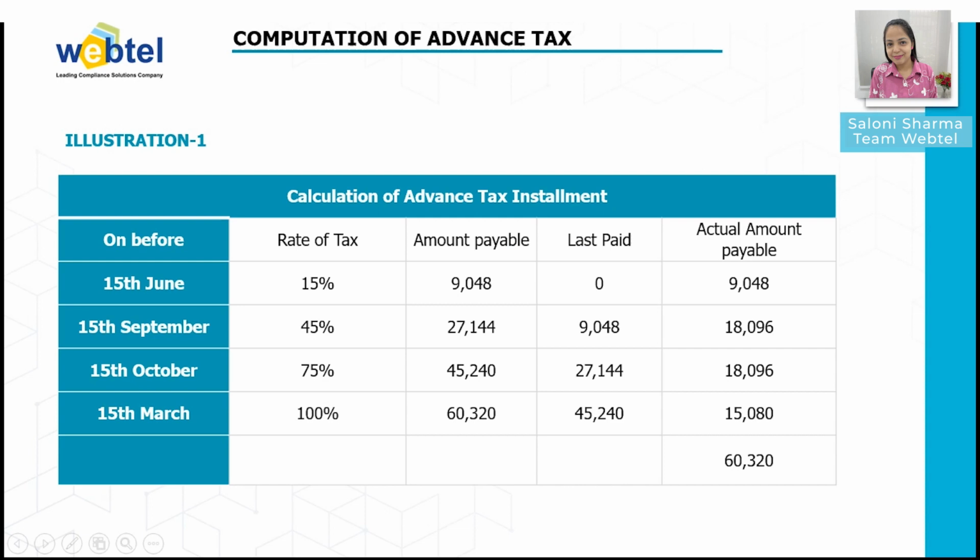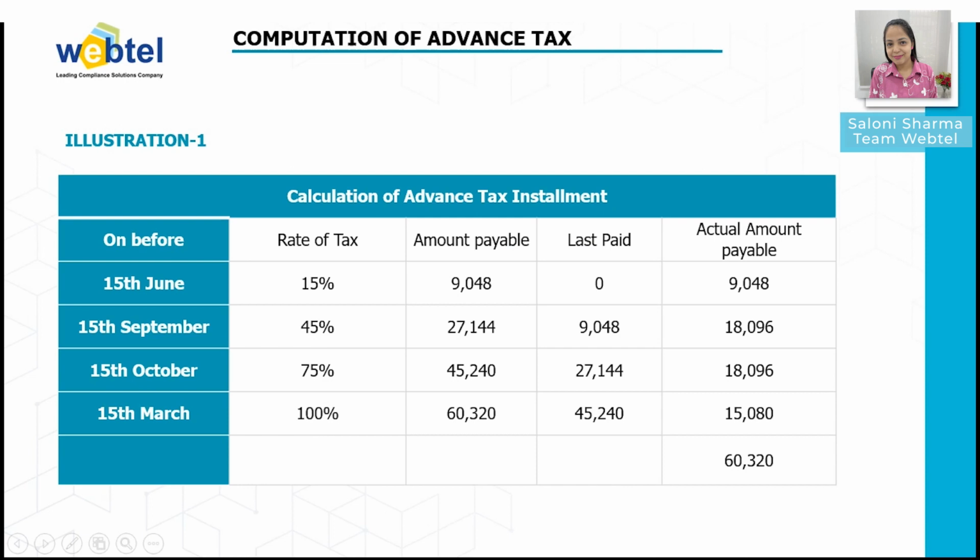So if a person has total tax payable of 60,320 rupees, but he has not paid any advance tax or has paid some installment amount, how are we going to calculate the advance tax installment? So as per the rate of the taxes, you need to pay 9,048 rupees up to 15th June.